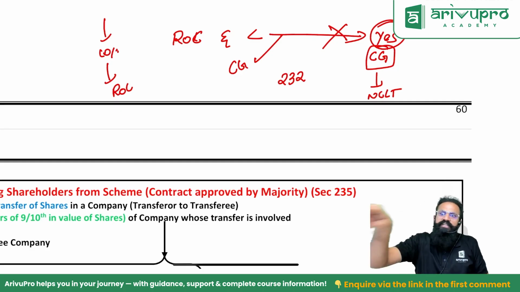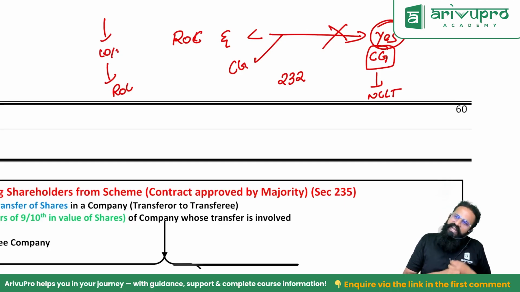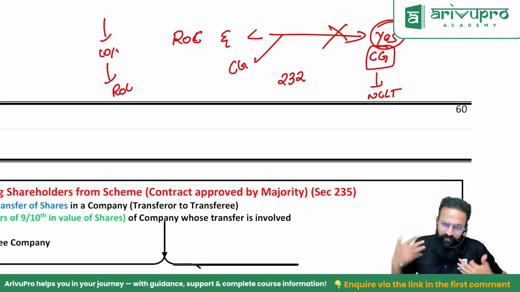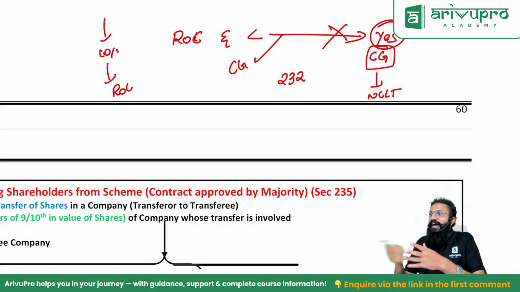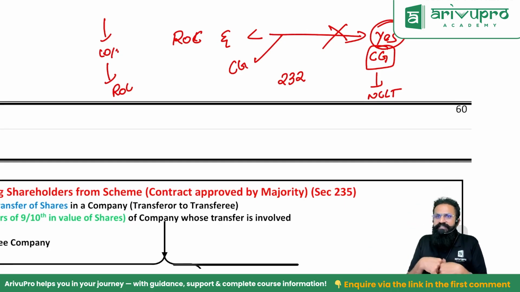So in 233, how do we proceed? The company itself will come with a scheme. That scheme will first be sent to ROC, liquidator, and any other concerned person who may be affected. We will ask for their objections and suggestions and consider them.